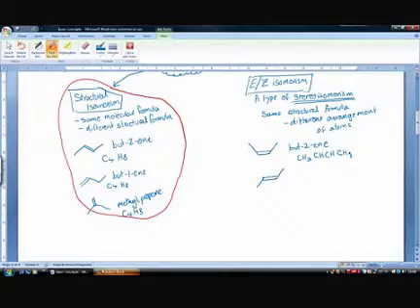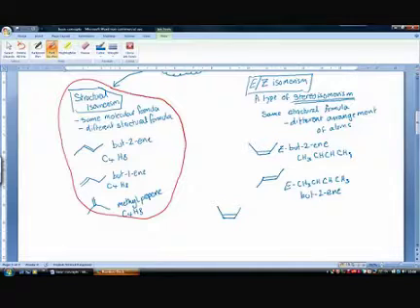And that's CH3, CH, CH, CH3. The same structural formula. However, we call this one here the Z isomer, and we call this one here the E. E because their groups are on opposite sides, and the Z means they're on the same side of the double bond. Now, why do we get ZE isomerism?